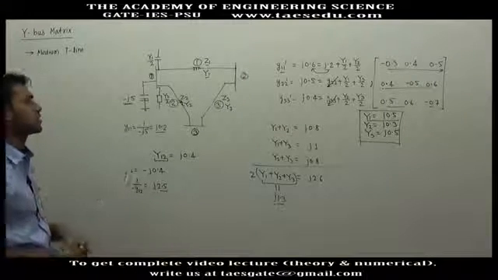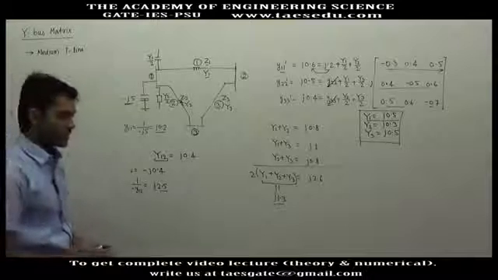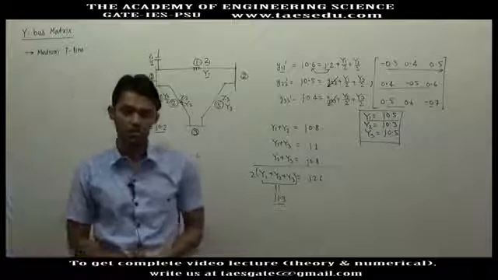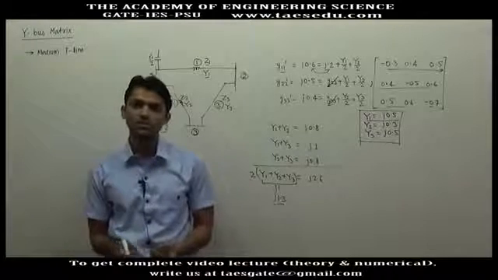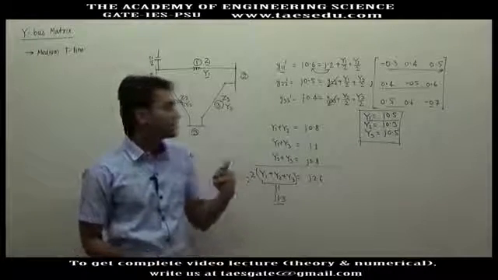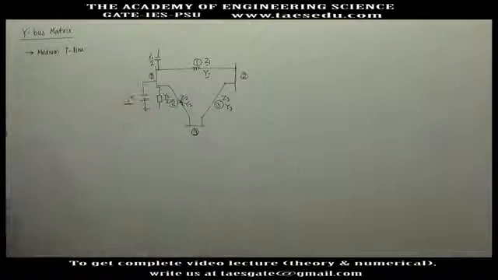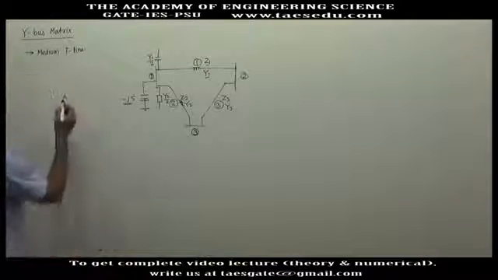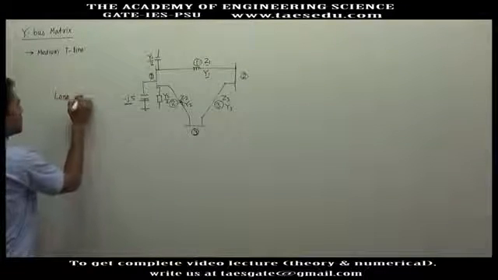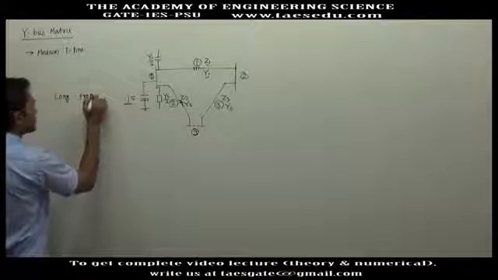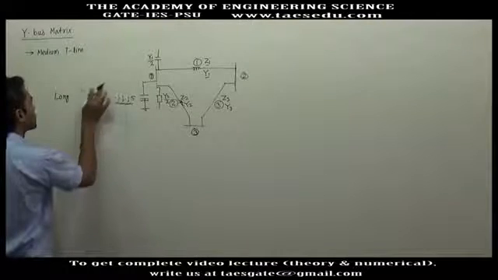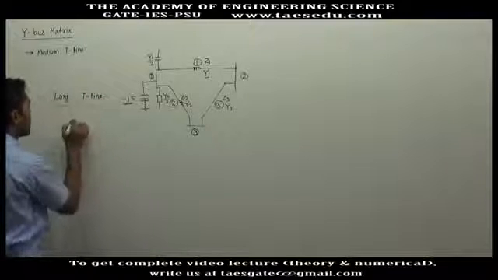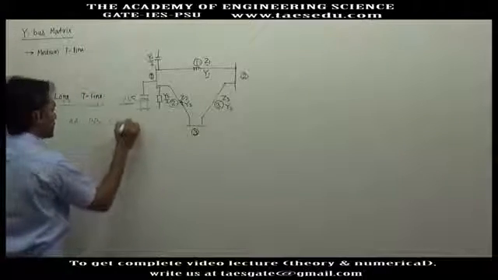So this was for the pi model of a medium transmission line. Even if you are not given the pi model, suppose you are given the T model of a medium transmission line, you will first convert it to a pi model, and then you can use this procedure. And for a long transmission line, suppose a long transmission line is given, you can find out the ABCD parameters.